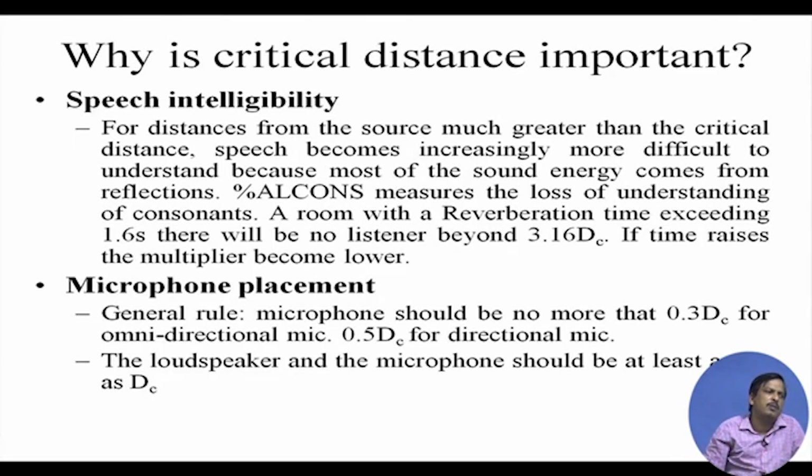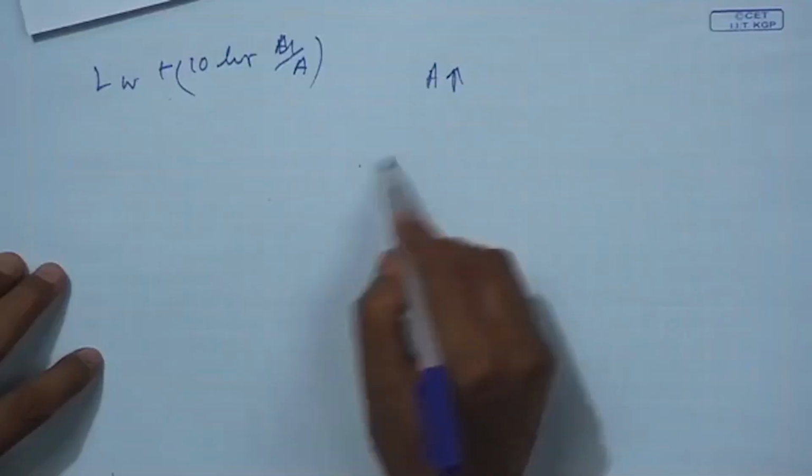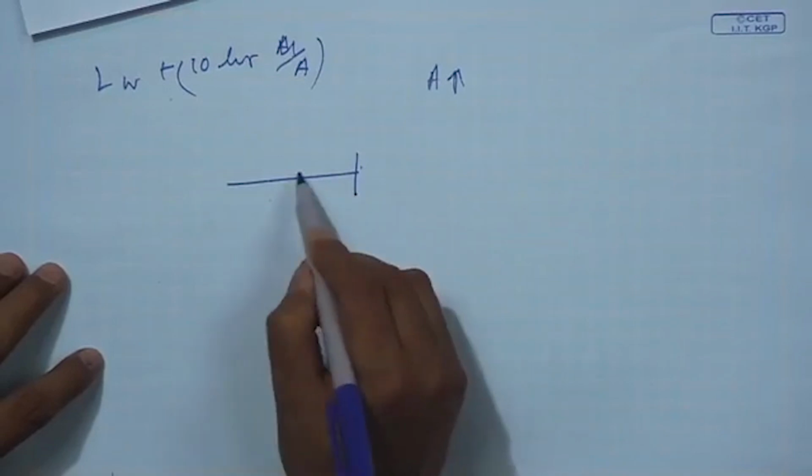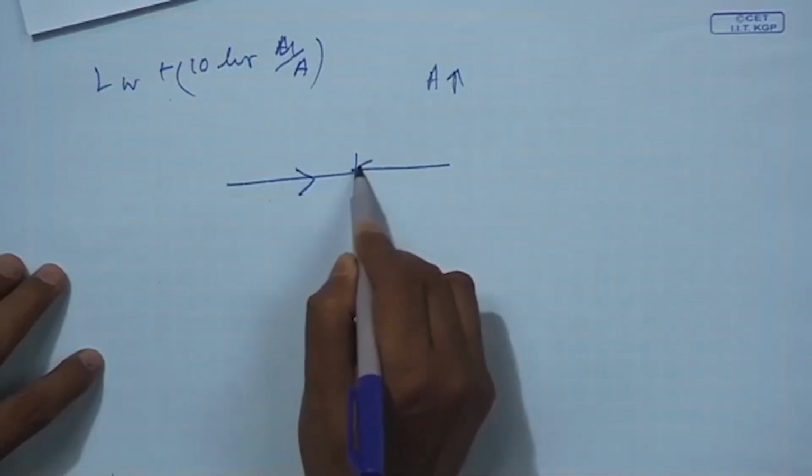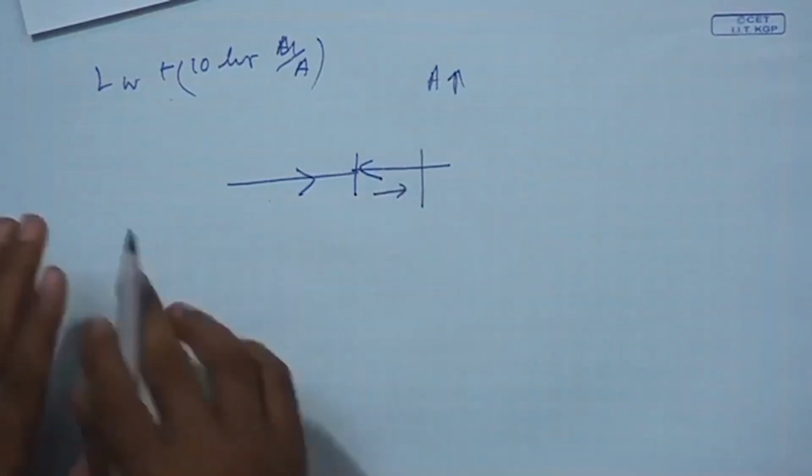For a distance from the source much greater than the critical distance, speech becomes increasingly more difficult to understand, because most of the sound energy comes from reflection. I say once I go beyond the critical distance, the critical distance being the distance where the direct sound and reverberation sound are equal, now if I go that way, direct sound is less, reverberation sound increases.